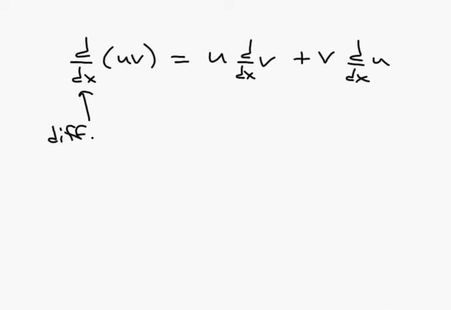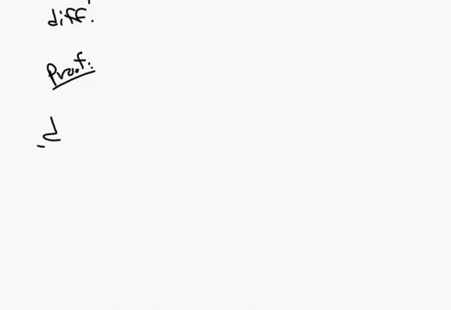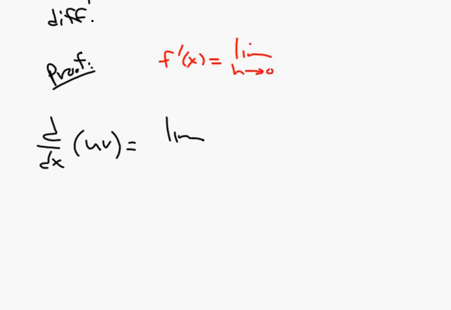Okay, and in order to do it, I'm going to start with the definition of the derivative. So here's our proof of this little fact here. Okay, so we're going to say d dx of u times v is equal to the following limit. Now let's go back in time for a second. The derivative is really defined by this limit. The limit as h goes to 0 of f of x plus h minus f of x over h.